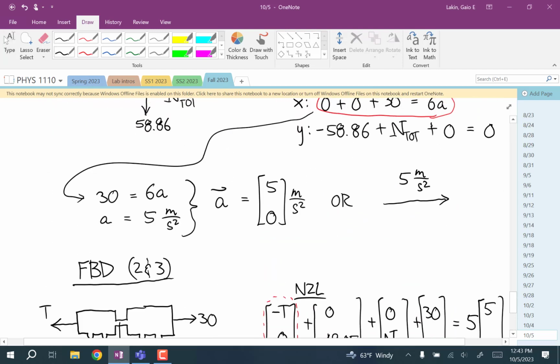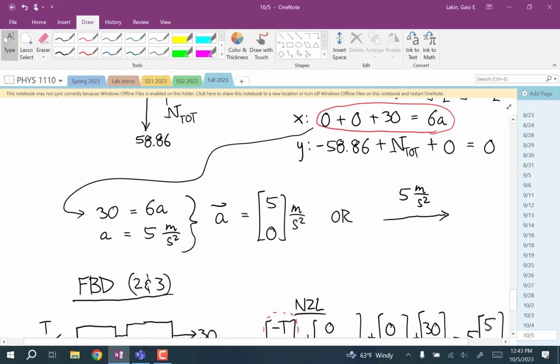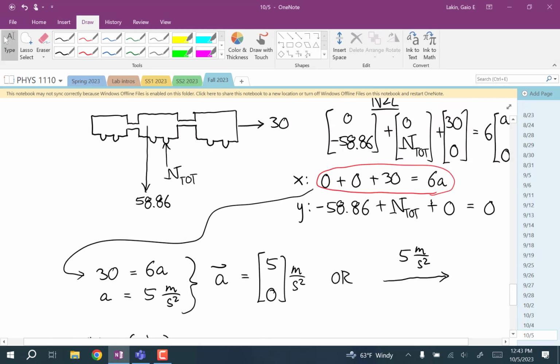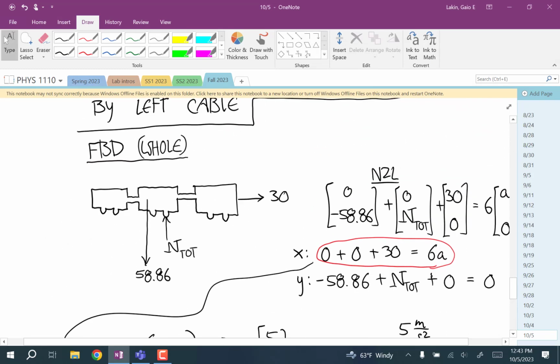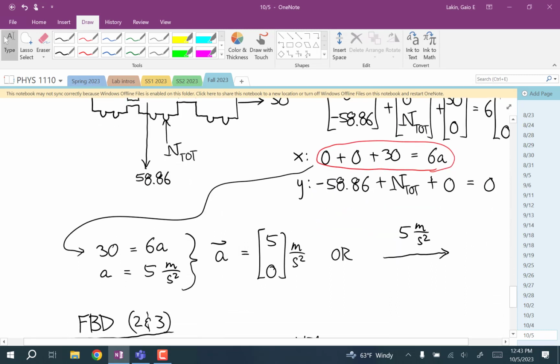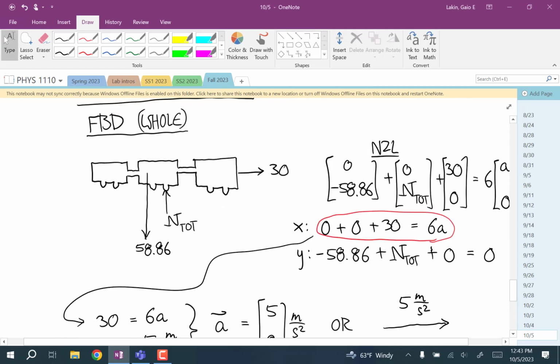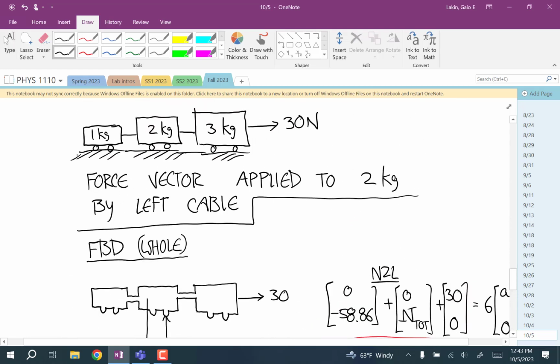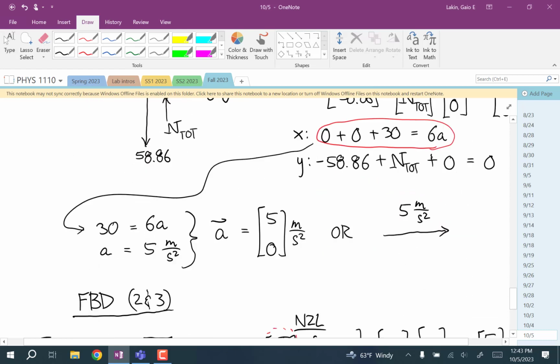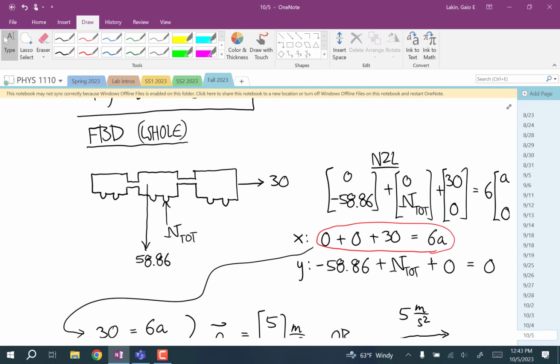So I'm not going to go through this calculation, but think about it for a second. What if I had isolated the whole thing, calculated the acceleration vector as a first step, and then isolated the 1 kilogram cart over there on the left? Then we would be able to calculate the cable force that left cable applies to the 1 kilogram cart.